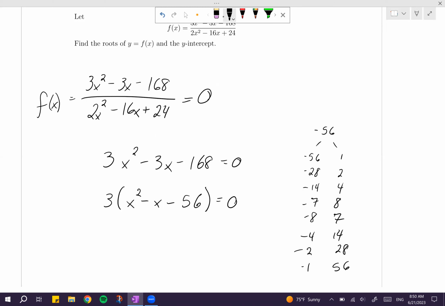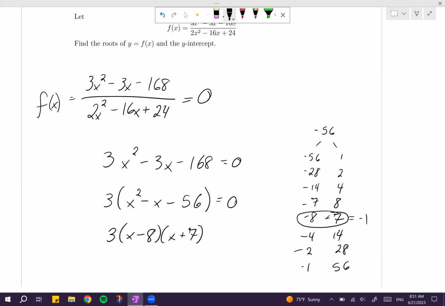Now that I've done all that, I need to see if any of these add together to give me negative 1. Right here, I see negative 8 plus 7 is going to equal negative 1. So that's what it factors as: 3 times (x minus 8) times (x plus 7).